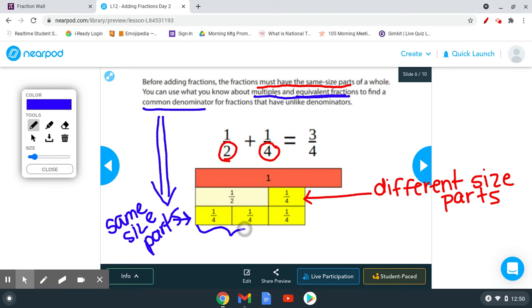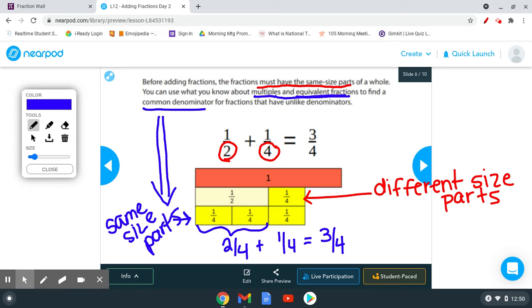So again, now you can see that 1/2 is really 2/4 plus the 1/4, and that equals 3/4. So this was our try it problem from yesterday, where I didn't teach you anything about adding with unlike denominators, and we were just trying to look at the connections you could make.